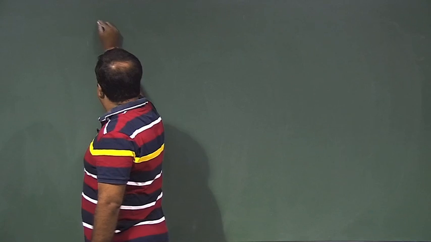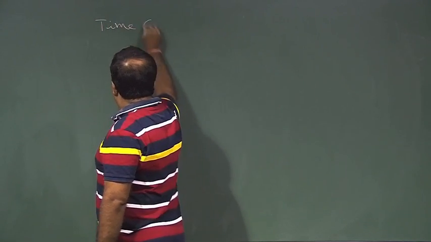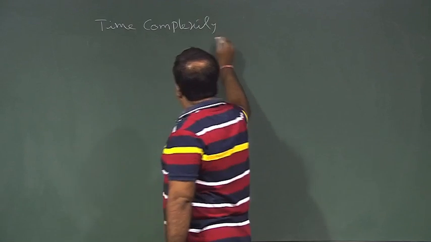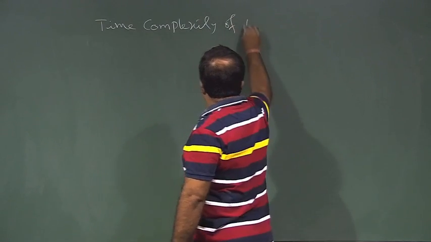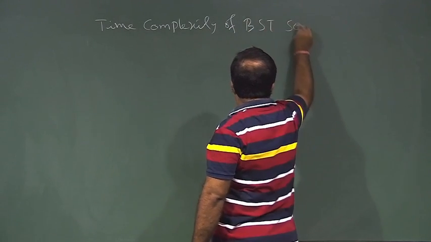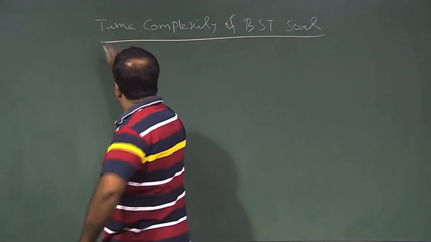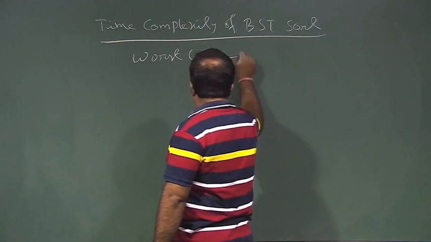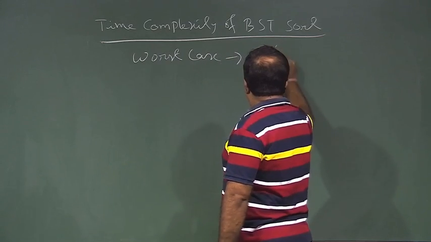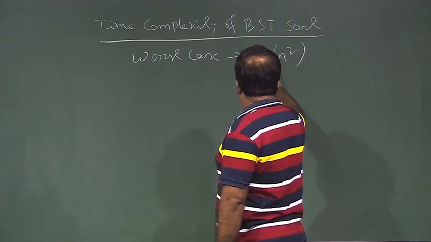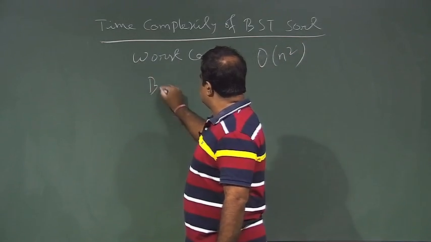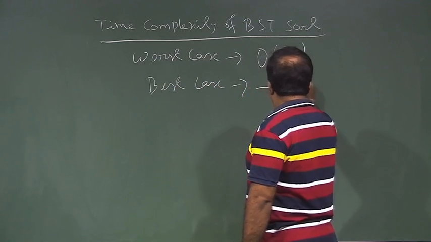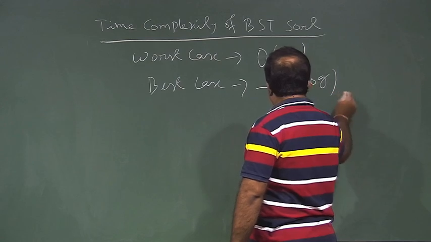So, the runtime or time complexity of BST sort: worst case it is order of n square, and the best case it is n log n.